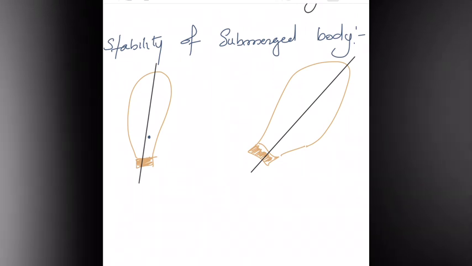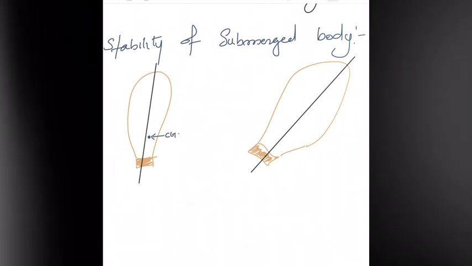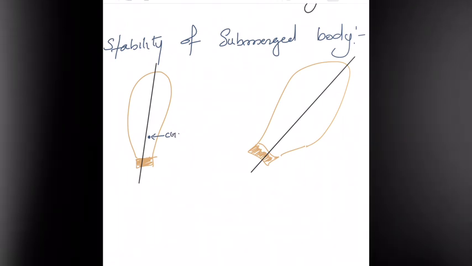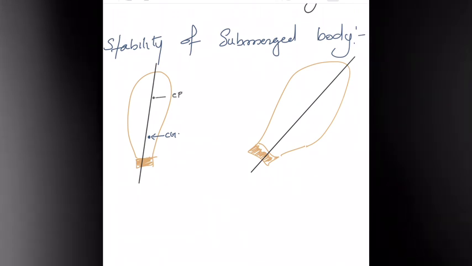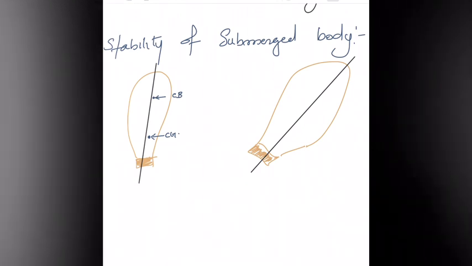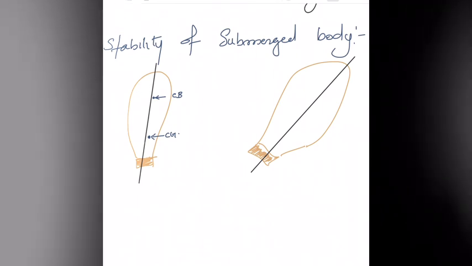Since the bottom part is heavier, the center of gravity will be at the lower portion, and let the center of buoyancy be at the top portion. So since the weight is concentrated in the bottom part, the center of gravity will be at the bottom and the center of buoyancy will be at the top part.